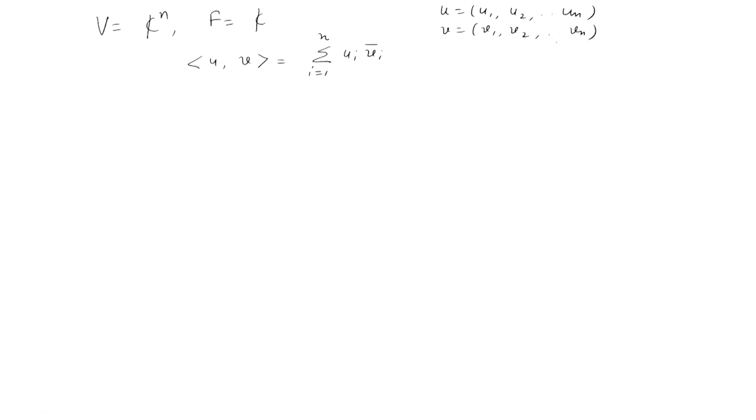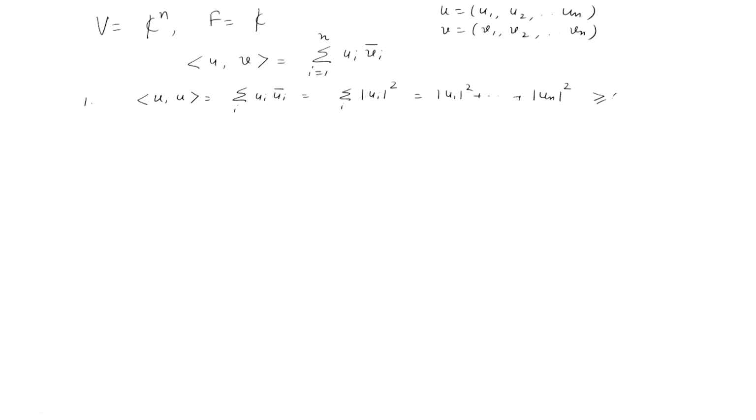So, the first property is that the inner product of U comma U is equal to the summation over i of Ui into Ui bar, which is the summation over i of mod Ui squared. This means mod of U1 squared plus mod of U2 squared and so on up to mod of Un squared.